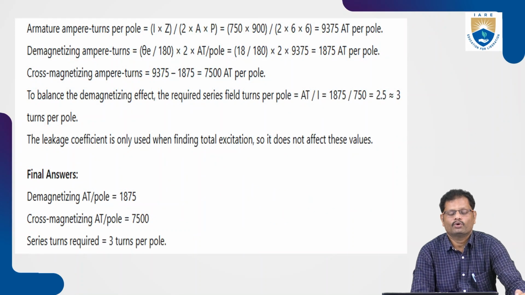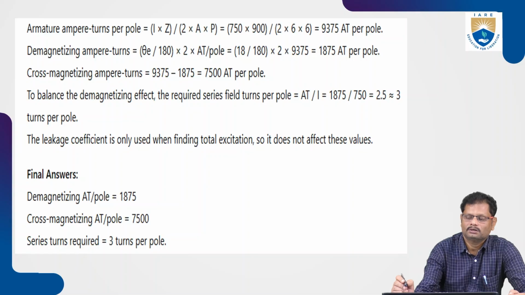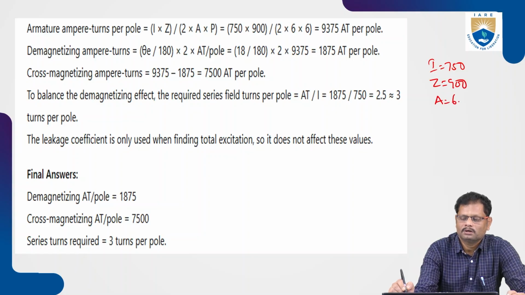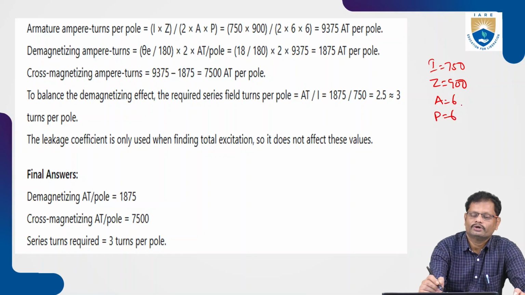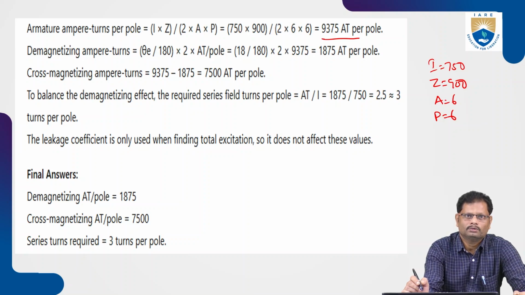And ampere turns per pole is given as IZ by 2AP. Here I is given as current is 750, Z 900, number of parallel paths 6 and P is also 6. So after substituting this into IZ by 2AP, we'll get 9375 ampere turns per pole. These are the total ampere turns per pole.